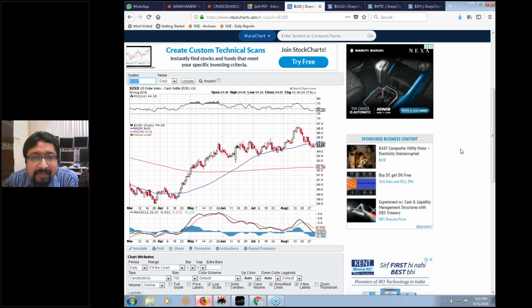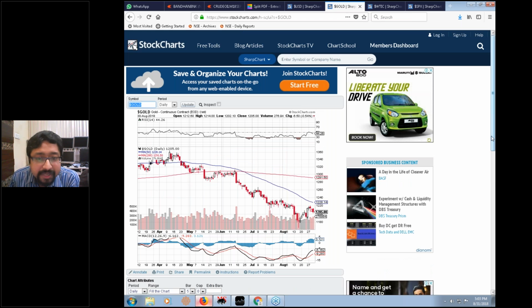So we are not expecting much weakness in the dollar, and that is perfectly evident from our domestic currency. The rupee has made a new lifetime low, and it has in fact broken 71. So the strength of the dollar is evident everywhere, and this is taking a toll on most of the commodities.